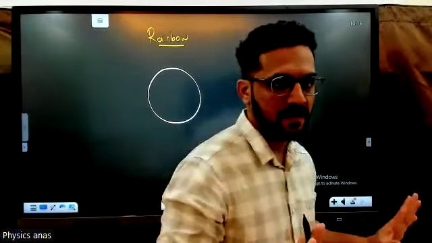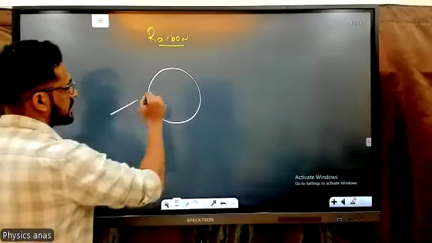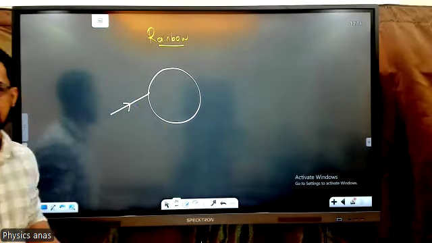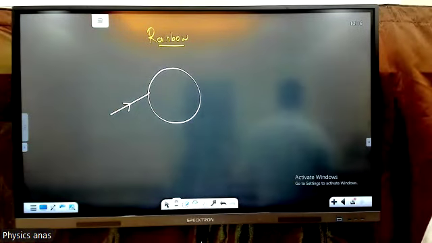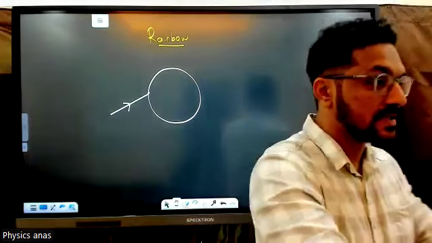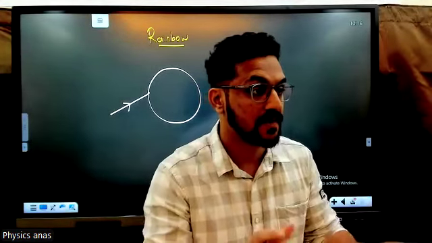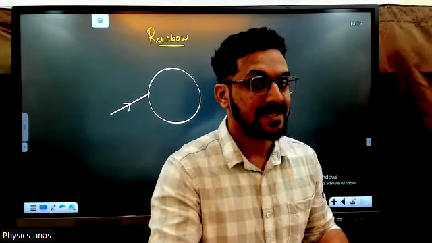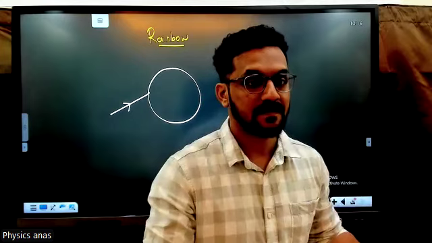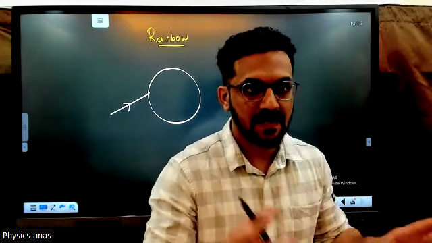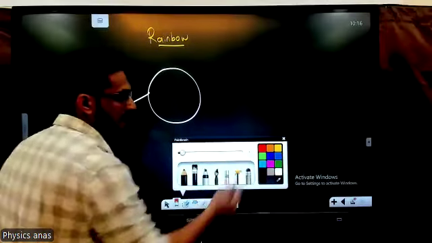Light is entering the raindrop like this. There will be dispersion happening because when white light enters a transparent medium, white light has 7 component colors. These 7 colors will be splitting inside that medium. I'll just draw red and violet.